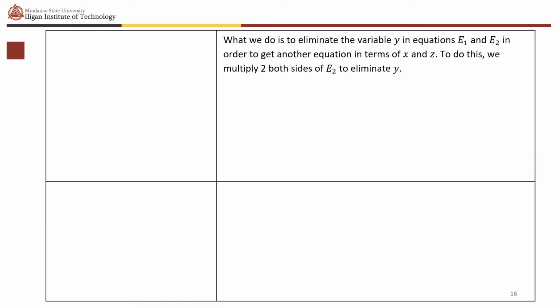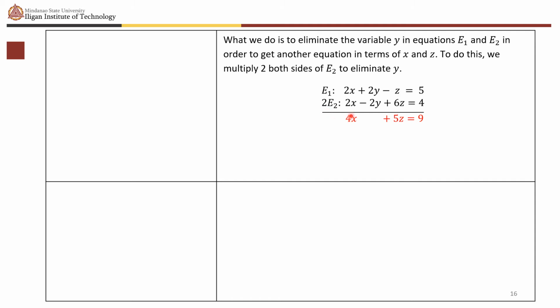What we do is to eliminate the variable y in equations e sub 1 and e sub 2 in order to get another equation in terms of x and z. To do this, we multiply 2 to both sides of e2 to eliminate y. That is, we now have the following. E sub 1 equals 2x plus 2y minus z is equal to 5. And we multiply 2 to e sub 2.